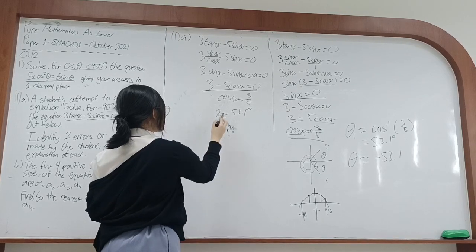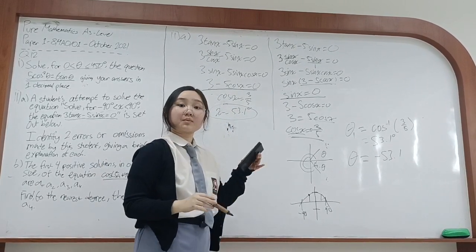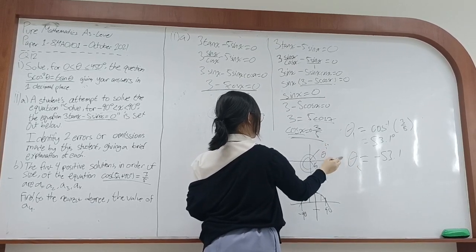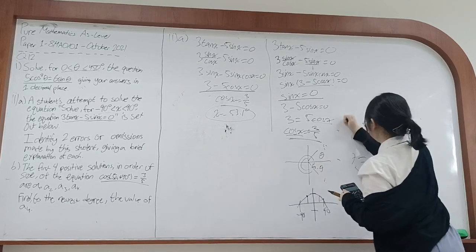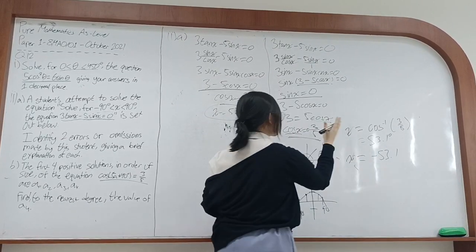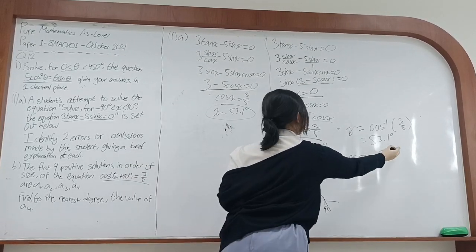The second one is the answer. The answer for the problem had 2 answers. Oh, sorry, this has to be x, not delta. X. And we notice that the answer should be 53.1 and negative 53.1 degrees.